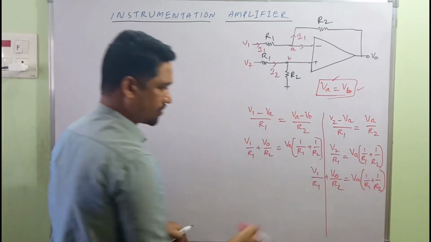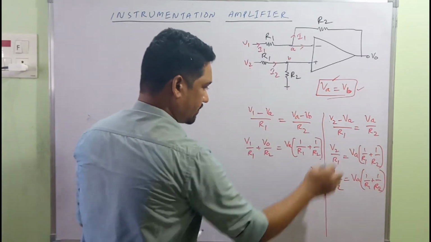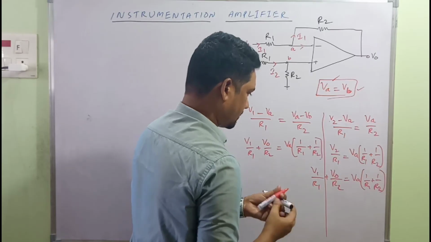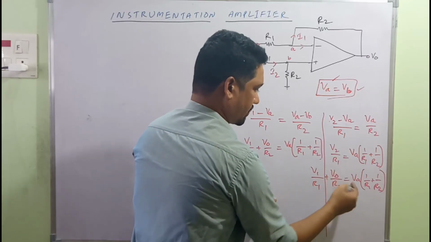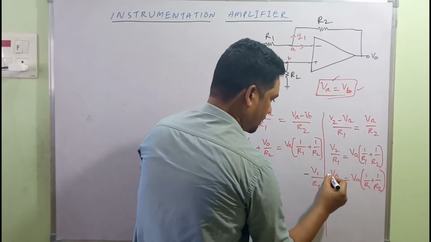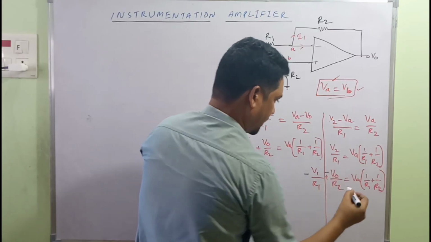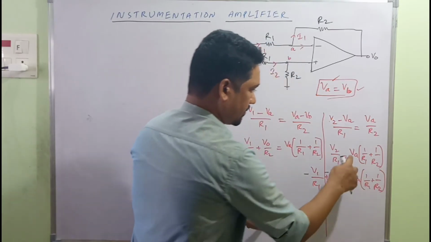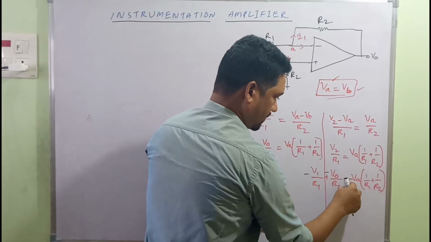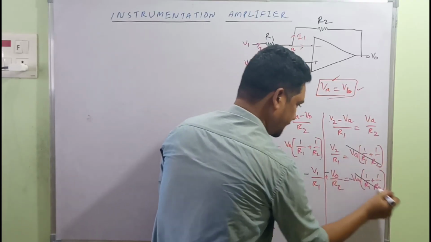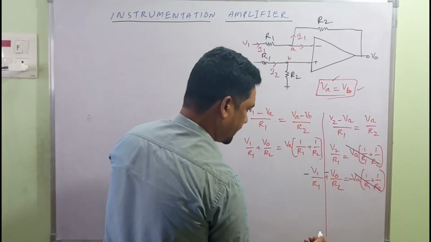Hope you can understand the script. Here, this equation minus this equation, so it will be minus, and even this will be minus, plus VA into this one, minus VA into this one, this gets cancelled here.